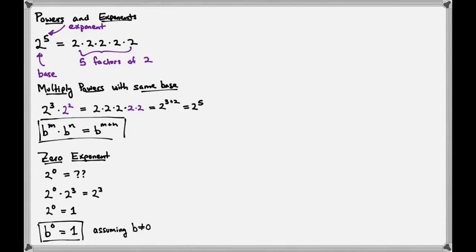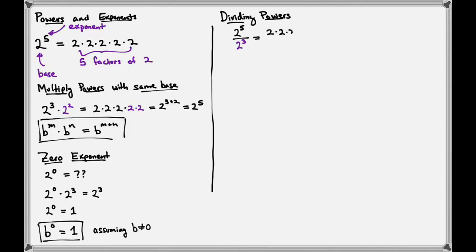Okay, let's talk now about dividing powers with the same base. We just talked about multiplication, now division. So for example, if I take 2 to the fifth and I divide it by 2 cubed, what should we do with those exponents? Well, let's write it out. It's 2 times itself with 5 factors, and I'm dividing by 2 cubed, which is 3 factors, 2 times 2.